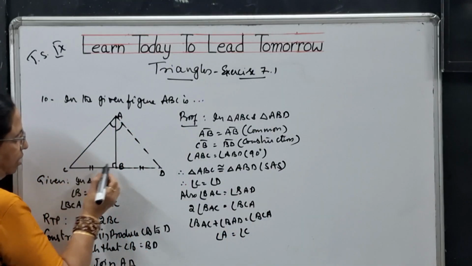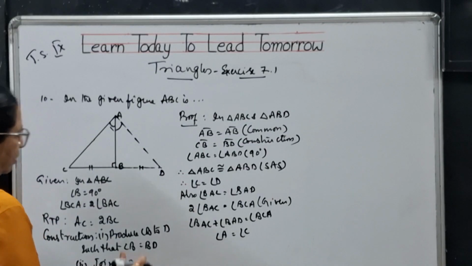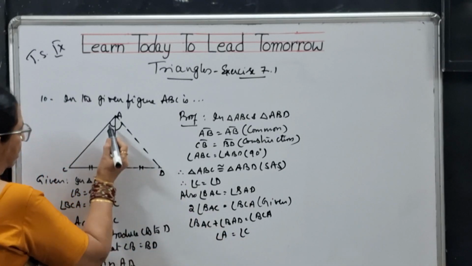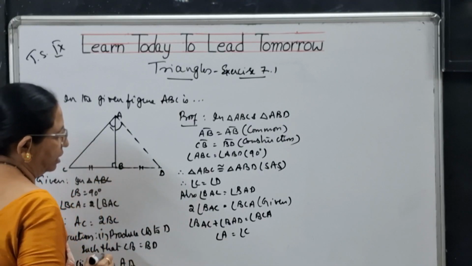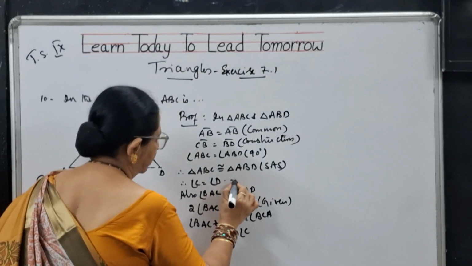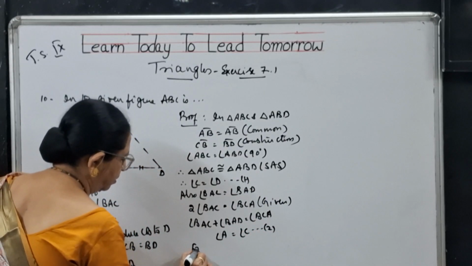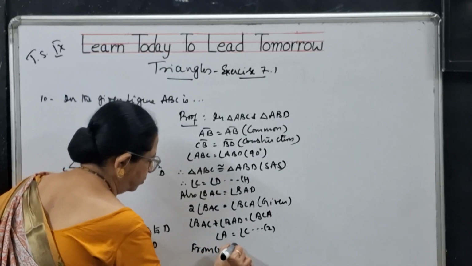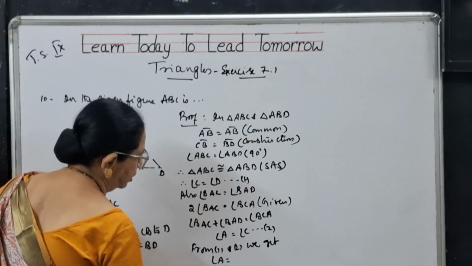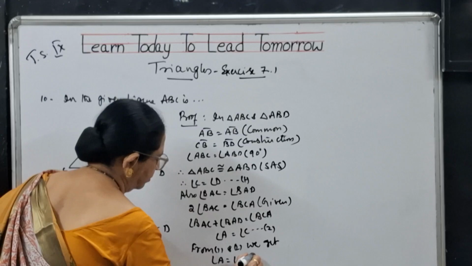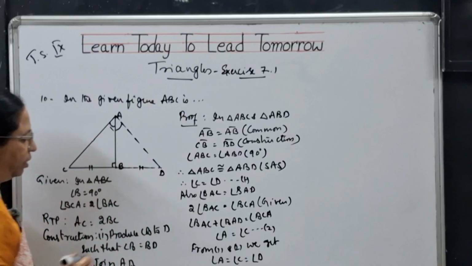Angle BAC plus angle BAD is total angle A. So, we have proved that angle A is equal to angle C, and also angle C is equal to angle D. If you consider this as the first equation, this as the second equation, from 1 and 2, we get angle A is equal to angle C is equal to angle D.